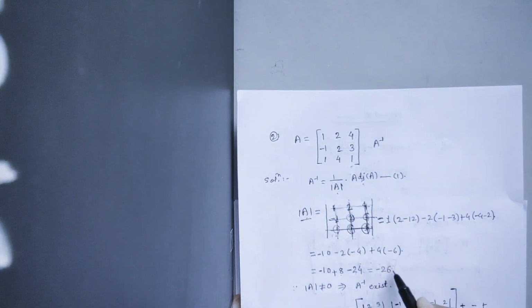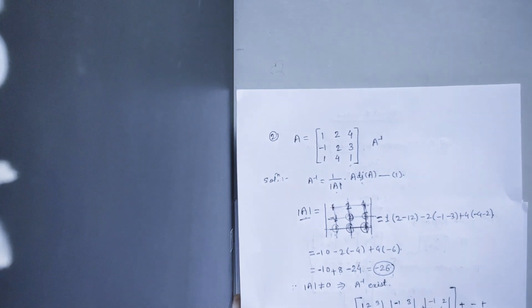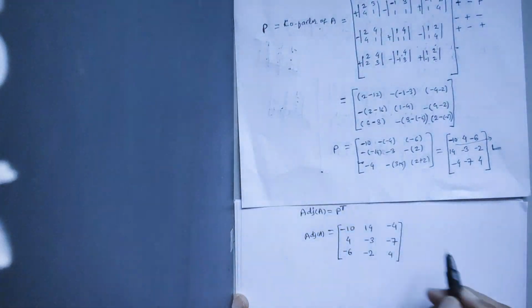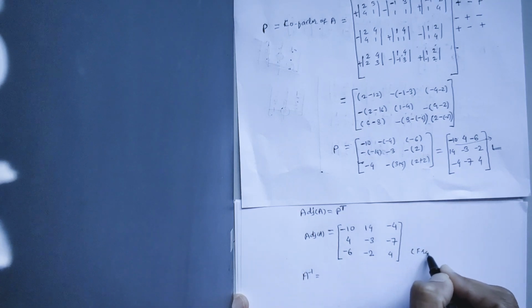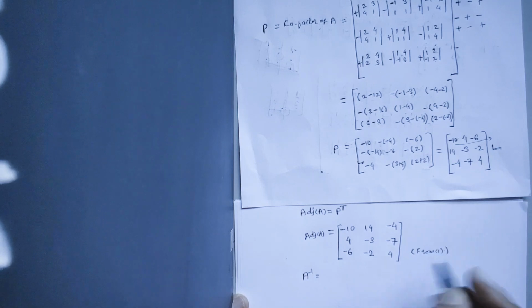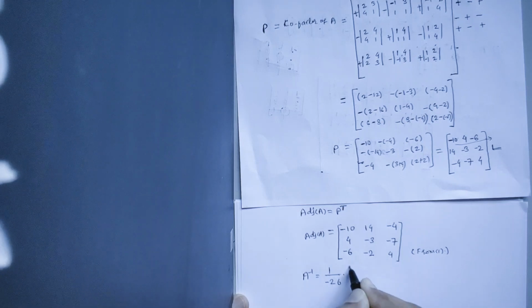So mod of A I found out is minus 26, and adjoint I have already found here. So what will be my A inverse? From equation 1, A inverse is 1 upon minus 26 into minus 10, 14, minus 4, 4, minus 3, minus 7, minus 6, minus 2, 4. All right.